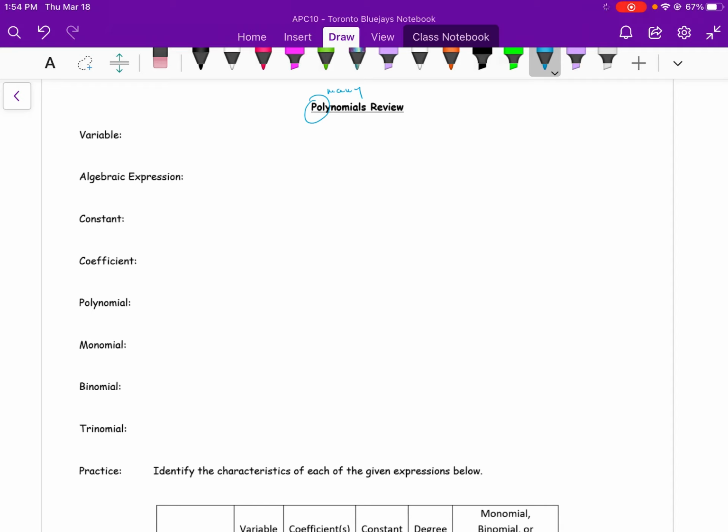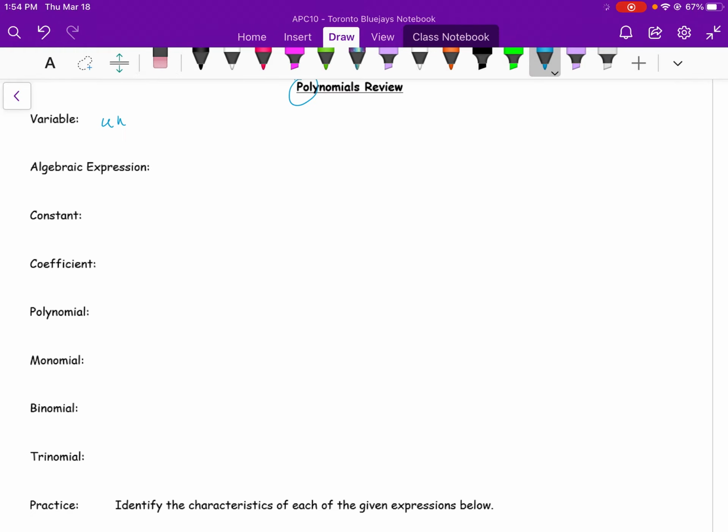But a variable. A variable is an unknown quantity that typically we use letters to represent.